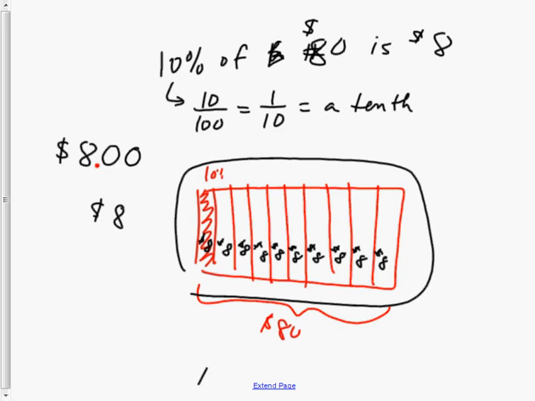Let's look at a different one. If I took $42.80 and wanted to know what 10% of that number is, I could divide it by 10, or I could simply take the decimal and move it one place over, and I would get $4.280.